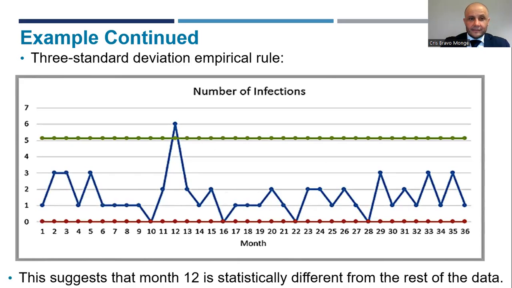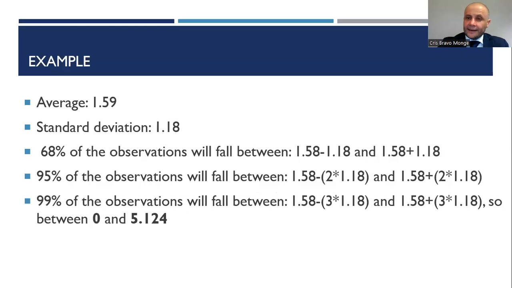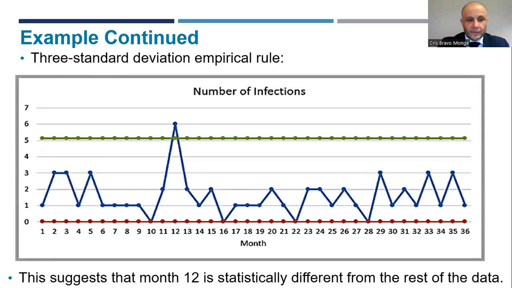In this case, when we apply the empirical rule, what we obtain is that any value above 5 would mean that there is an outlier, that there is something off going on here. So based on this, we see from the green line that anything beyond this point should make us stop and look further.